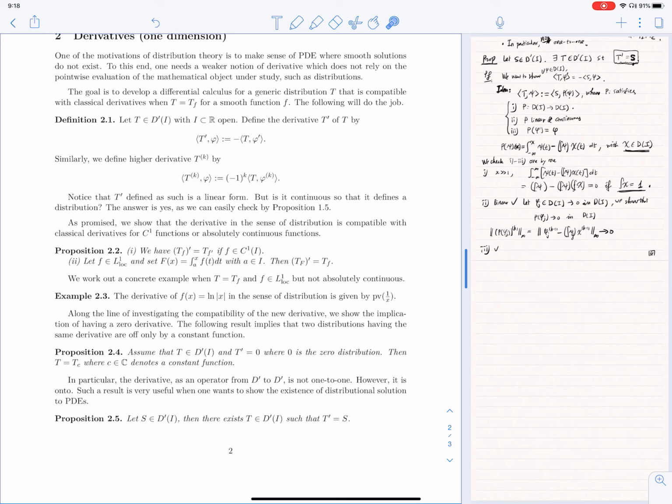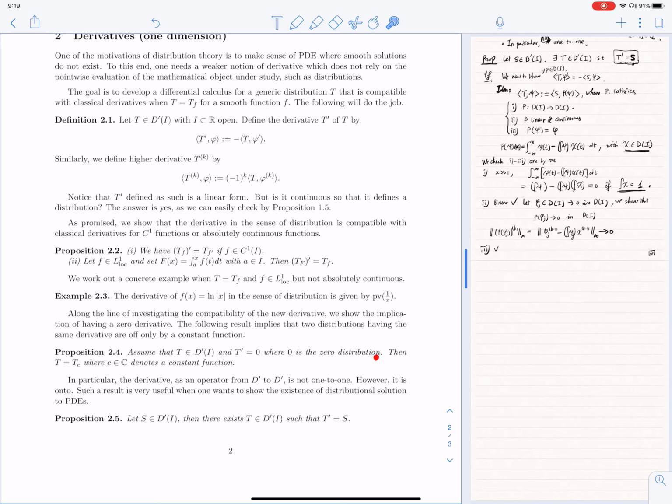If we know how to define the derivative of a distribution, then we can iterate that procedure to have higher derivatives. And again, it will be compatible with higher derivatives if we have a C^k function.